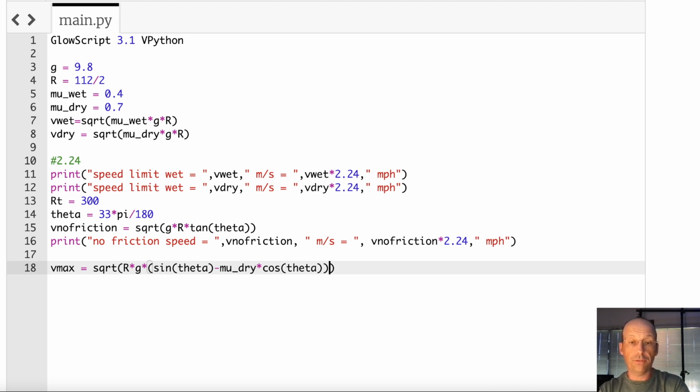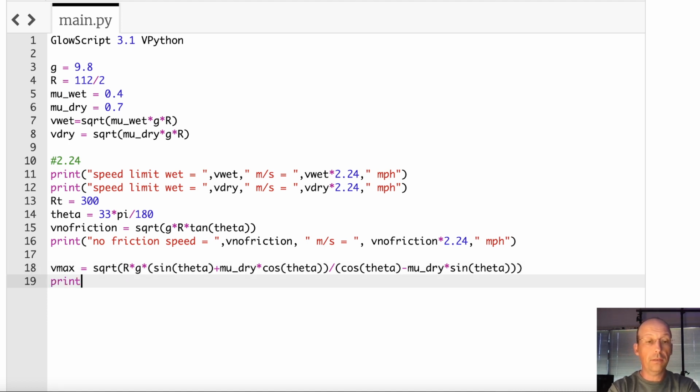And watch your parentheses. There's that one. Divided by parentheses cosine theta. Oh, that one's plus. Cosine theta minus mu dry times sine theta.